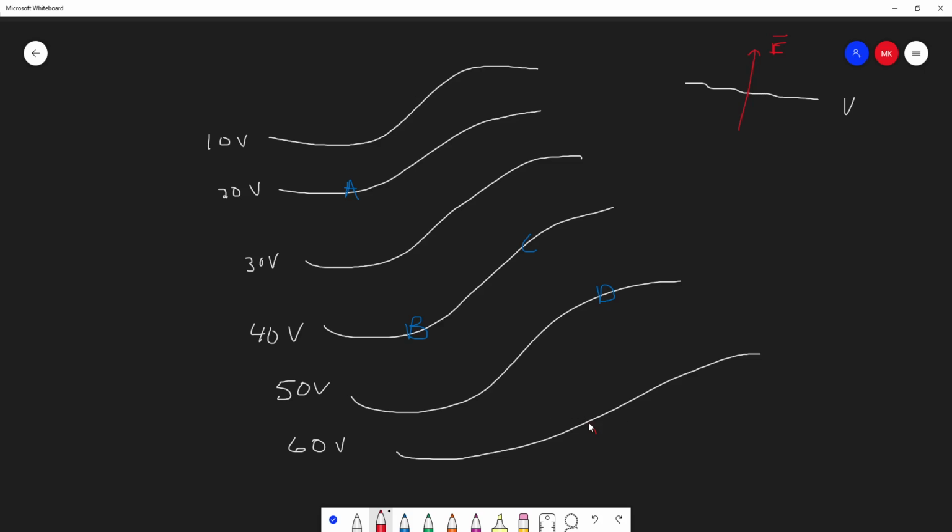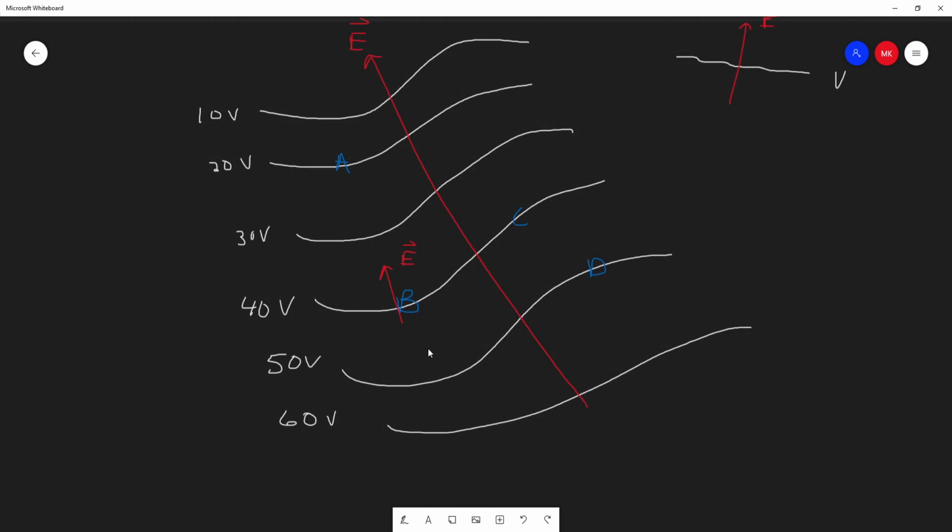So in general, through this set of lines, my electric field is going perpendicular, starting at 60 going to 10, so it is increasing as we move to lower voltage. At point B, our electric field is going to be pointing from high to low and perpendicular to the line at point B. This is our electric field at point B, which is choice G for number 1A, just if you're keeping track of multiple choice.